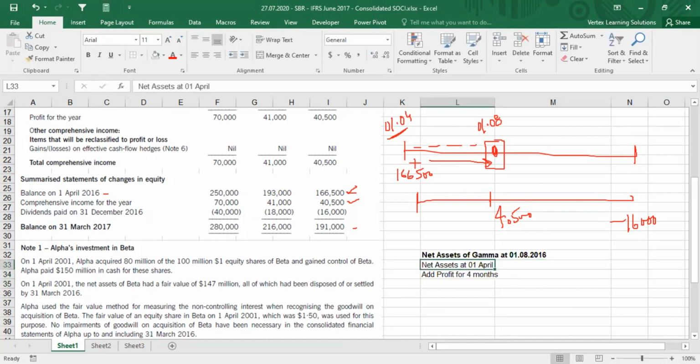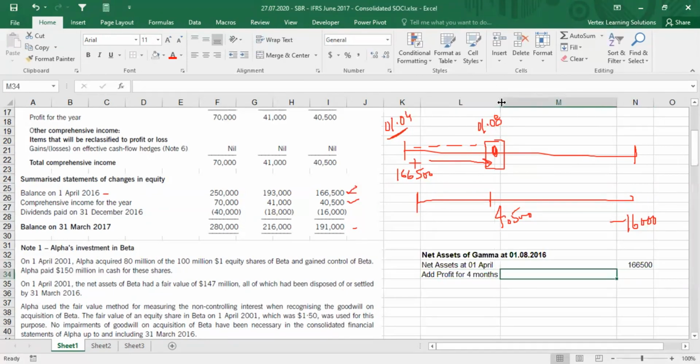So on 1st April, it was 166,500. 4 months profit, how would you calculate? What is the profit for the year? Profit for the year is 40,500 divided by 12 multiplied by 4.